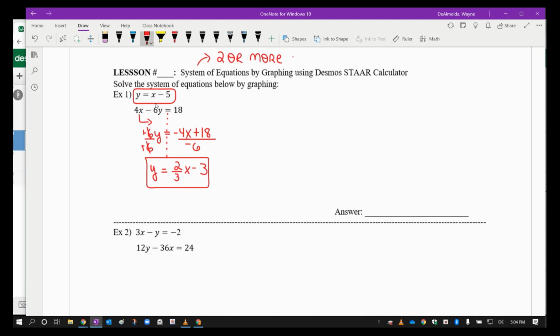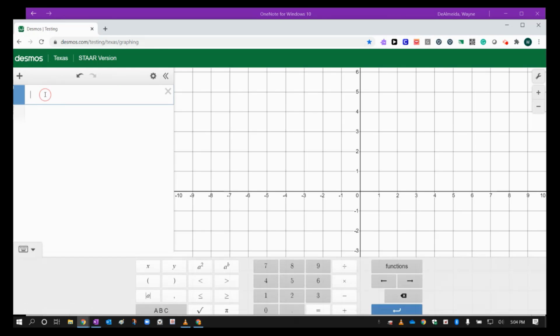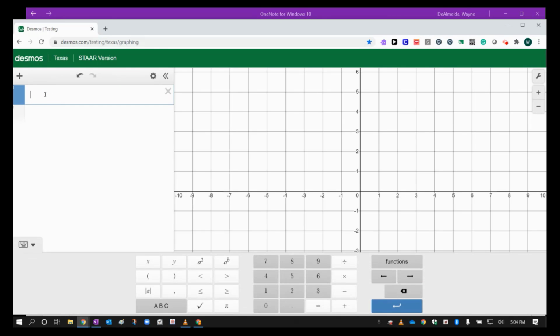Now we have the two equations with the y alone. That means that now we can proceed to the calculator. Let's go ahead and clear this. Let's enter the first equation, which is y equals x minus 5. And we see that the line was drawn.